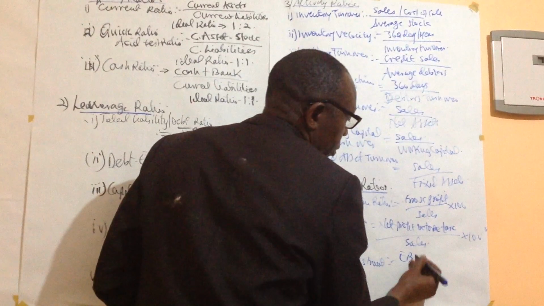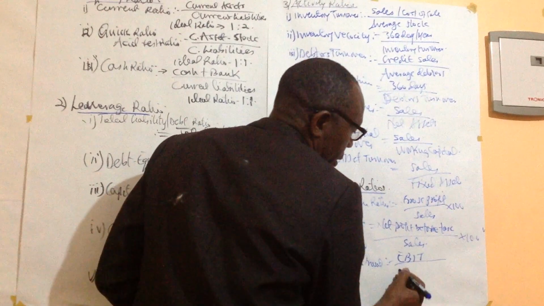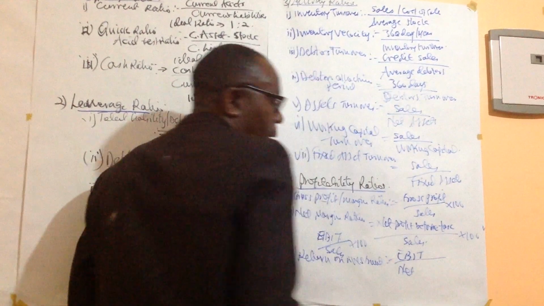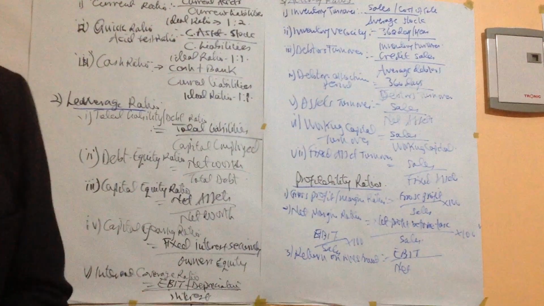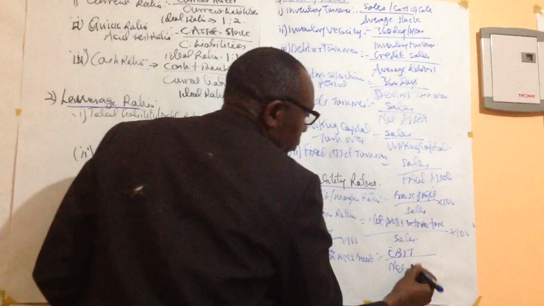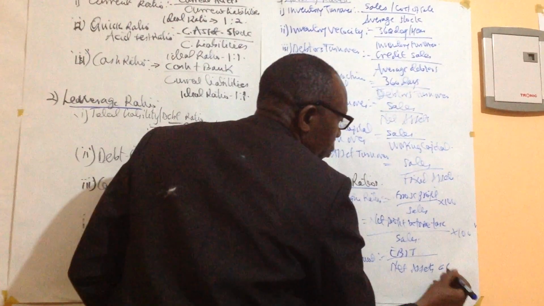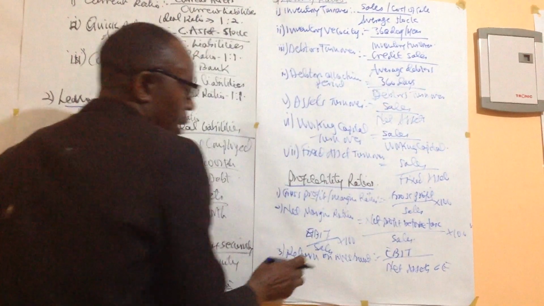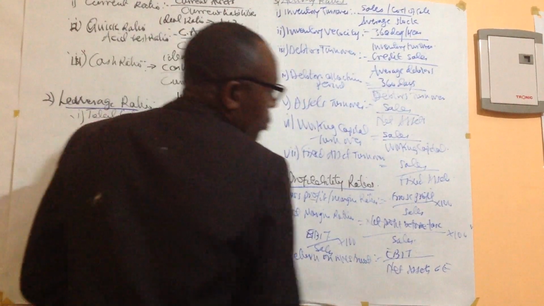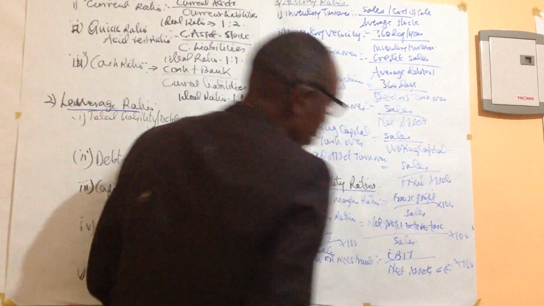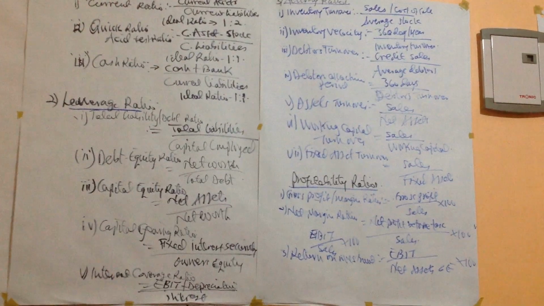Net assets is the capital employed, the investment. Multiply that by 100.